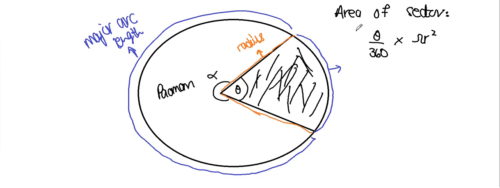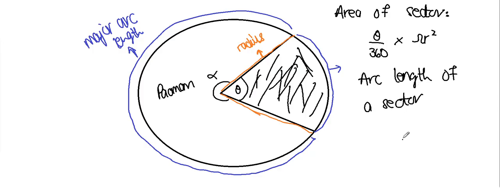Done? Okay. Now, what if I want to find the numerical value of the arc length, this region? How do I do that? What's the formula for the circumference of a circle? 2 pi r, good.